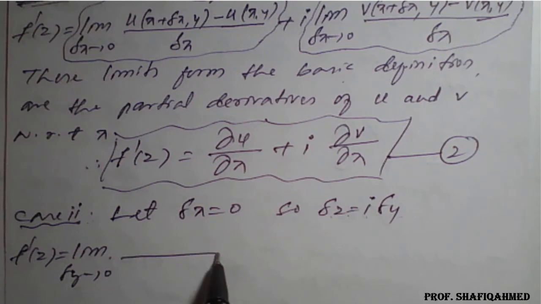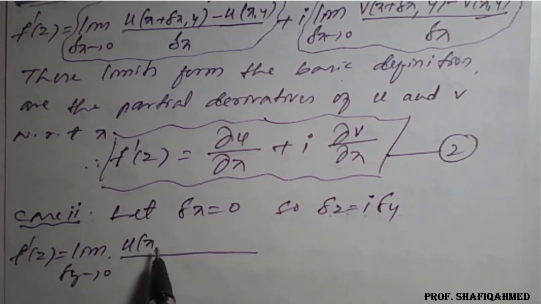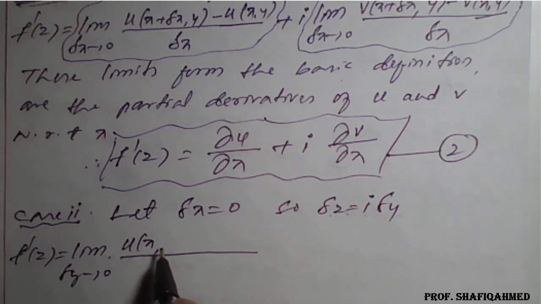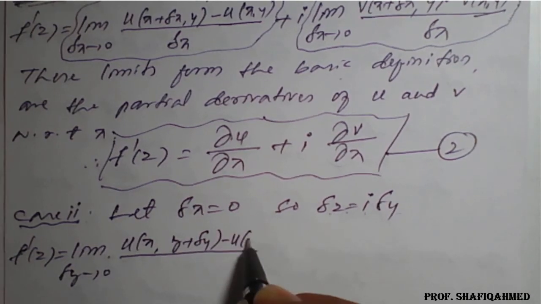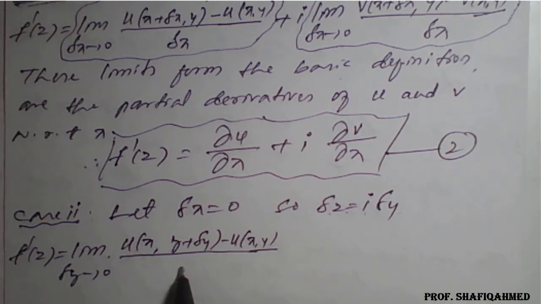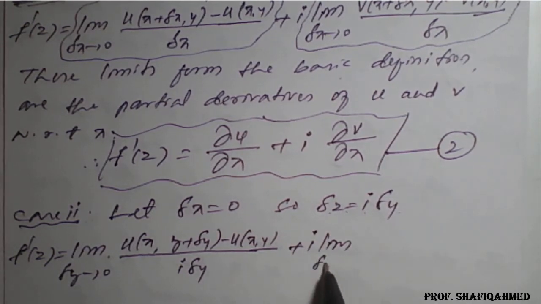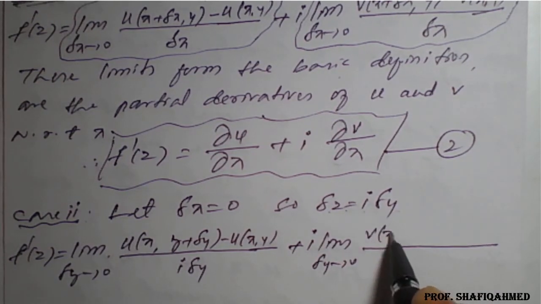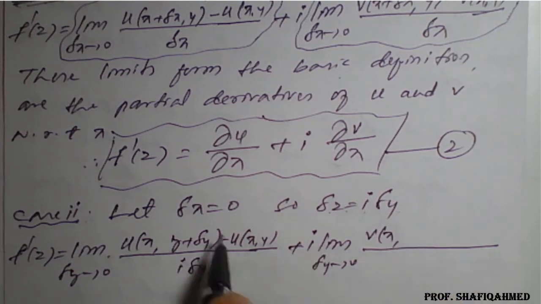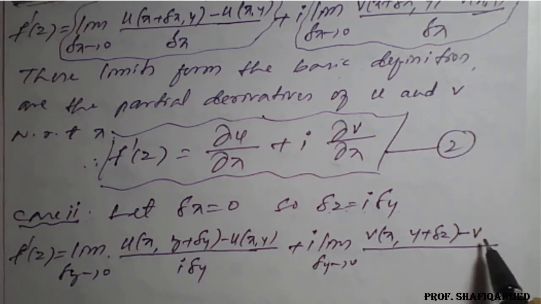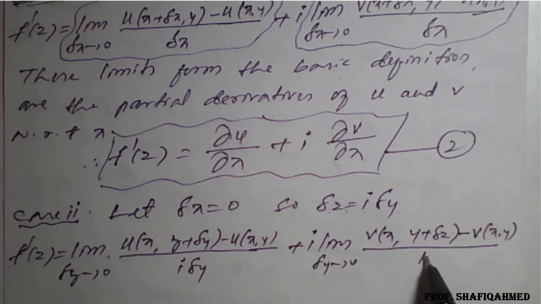Then limit, u of x plus delta x, so u of only x because delta x is 0, so u of x comma y plus delta y as it is, minus u of x comma y, divided by i times delta y, plus the second term, i times limit delta y tends to 0, again v of x comma y plus delta y, minus v of x comma y, divided by i times delta y.